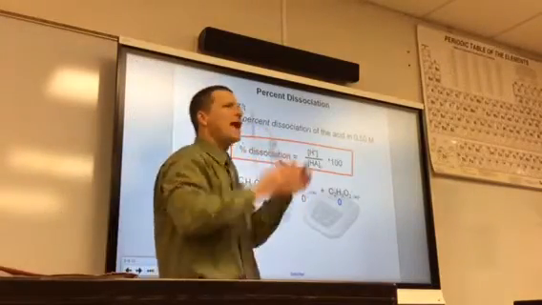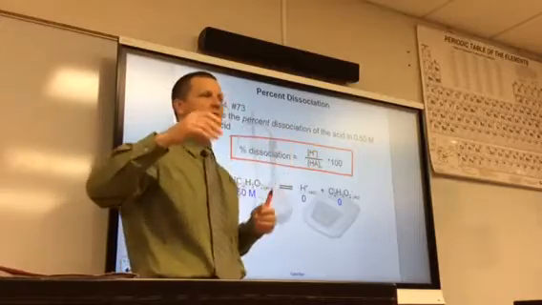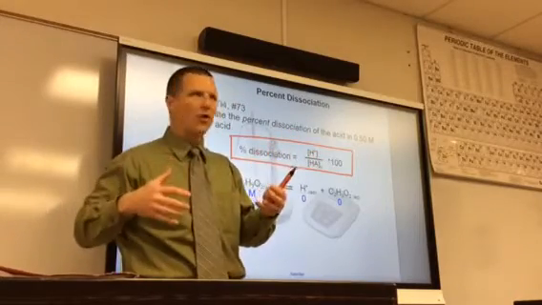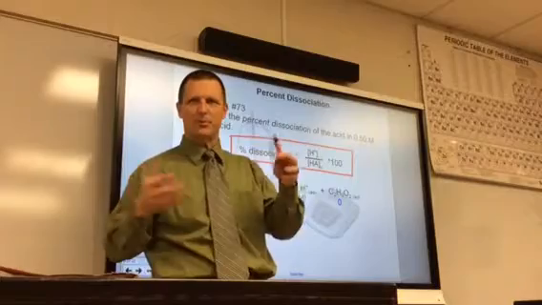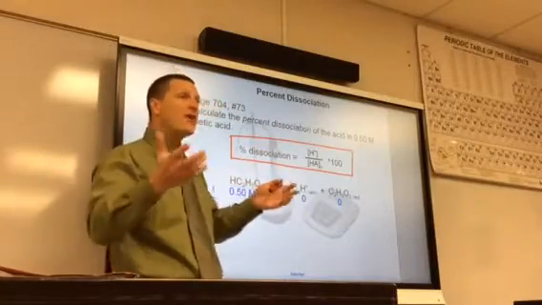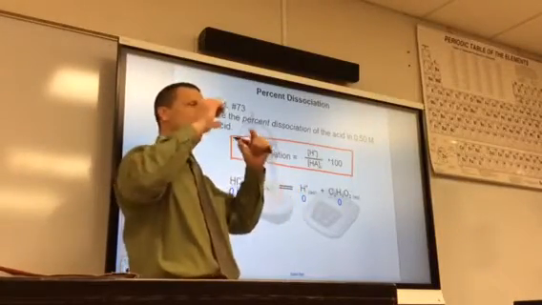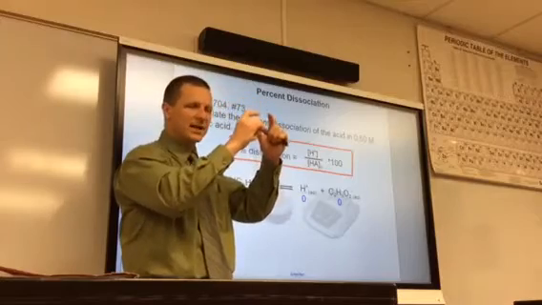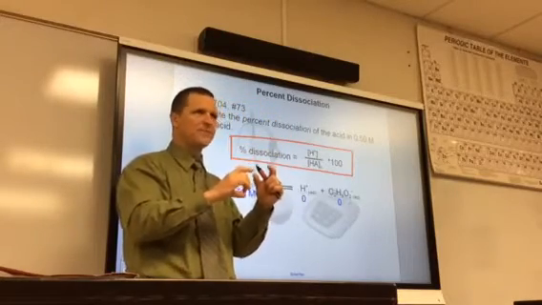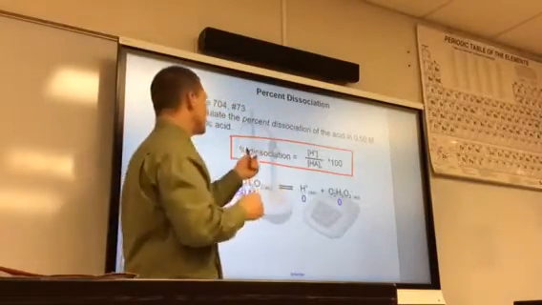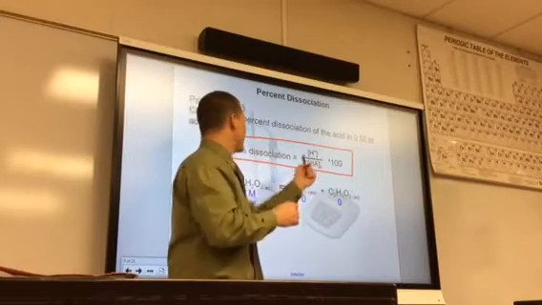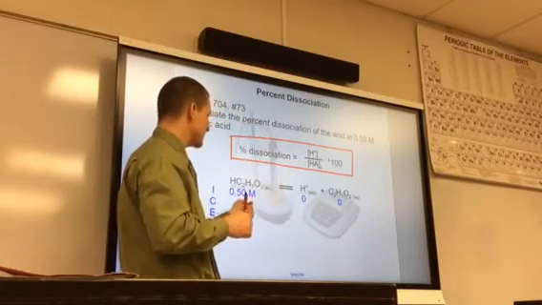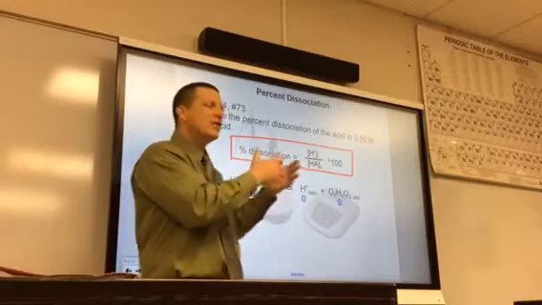The percent, so any percent in general is when you take the part divided by the whole. That's the way I always describe percent. So when you have percent composition, you're looking at the mass of one of the elements in a compound divided by the whole mass of the compound. Percent dissociation is, when you start with a certain concentration of an acid or base, how much of it dissociates.